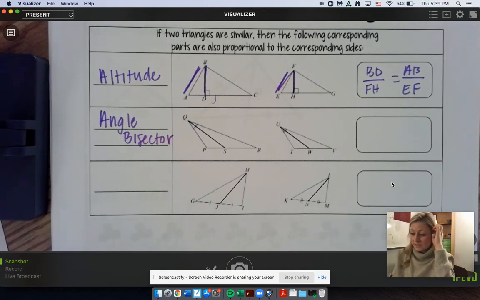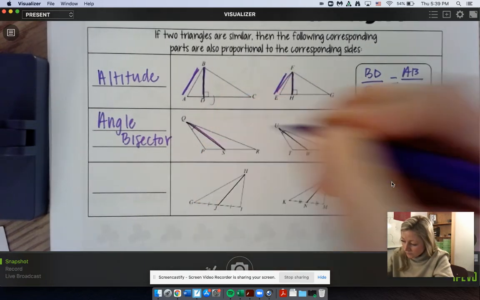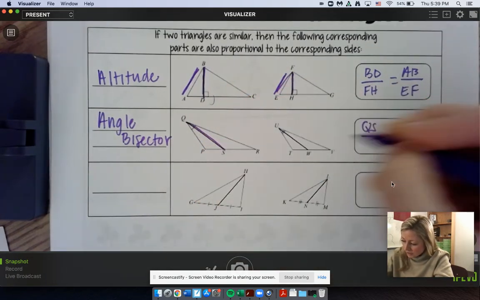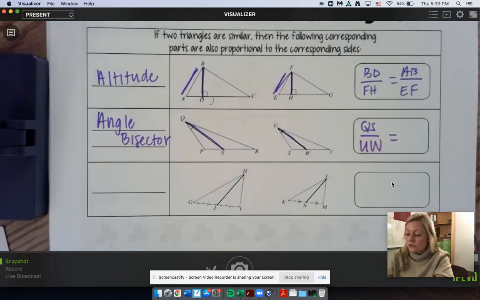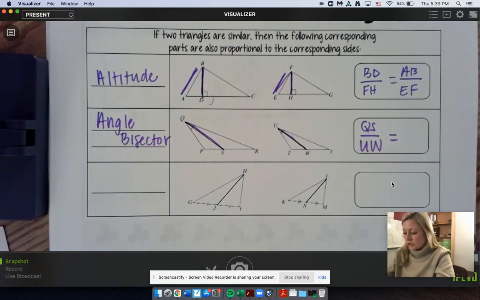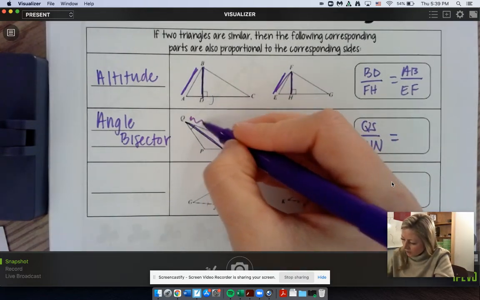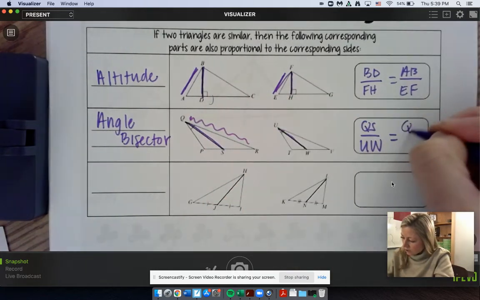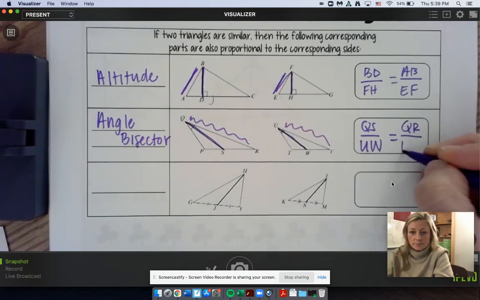So again, we're going to play the matching game. This angle bisector, QS, over this angle bisector, UW. Go back to the triangle we started with. Pick whatever side you want. I'm going to do QR. What matches QR? Well, that would be UV. Now you're done.